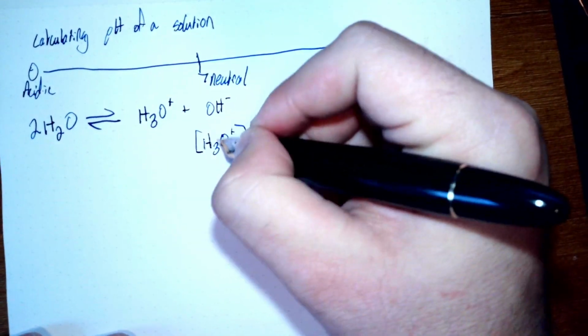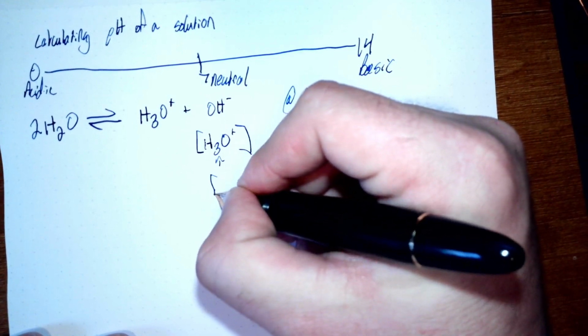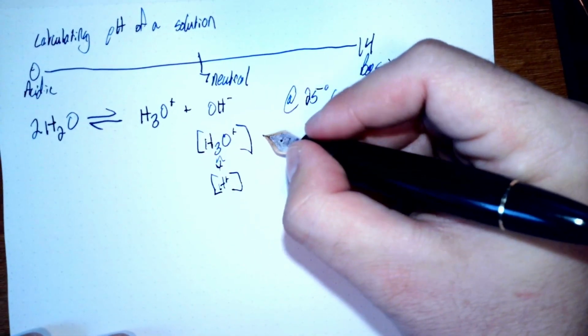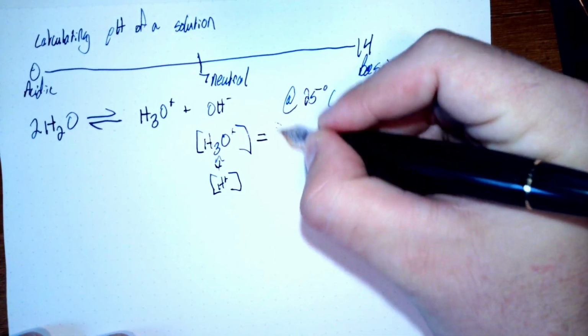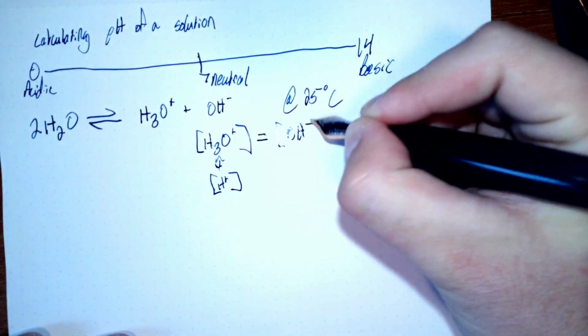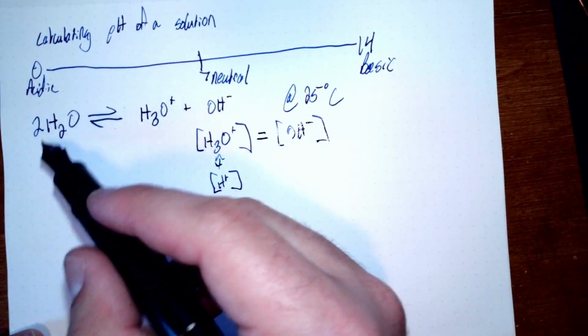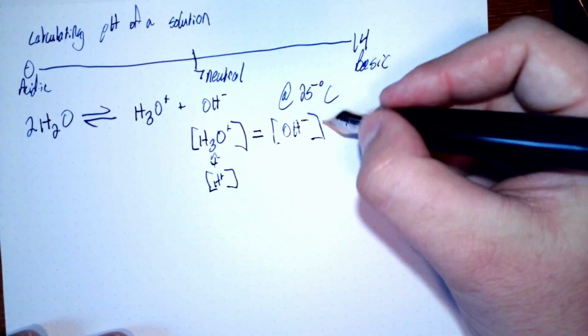How small? At 25 degrees Celsius, we will find that at equilibrium, the concentration of H3O plus, where the brackets mean concentration, and remember that for our purposes, we're going to treat H3O plus and H plus interchangeably as far as concentration goes, is going to be equal to the concentration of OH minus, because for every water that breaks apart, we get one H3O plus and one OH minus.